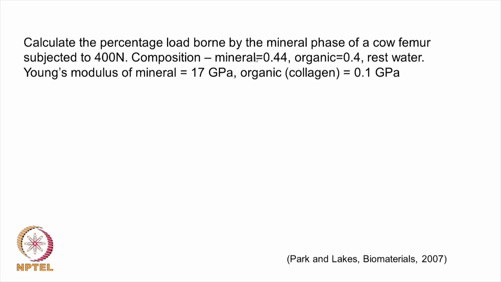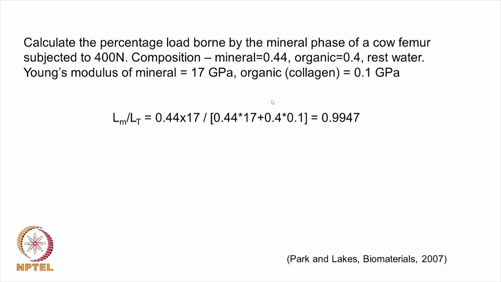That will be the ratio of the composition, because we will take only the mineral and organic here, we will ignore the water part of it. So, load borne by the mineral phase divided by load total, that will be Young's modulus of mineral, 17 gigapascal, and it is 44%. So, 0.44 into 17 divided by the total, 0.44 into 17 plus 0.4 into 0.1.